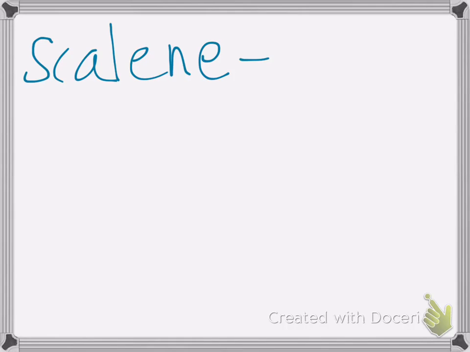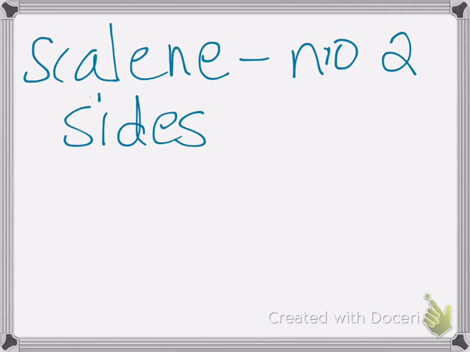The second kind is called scalene, which means no two sides are congruent.